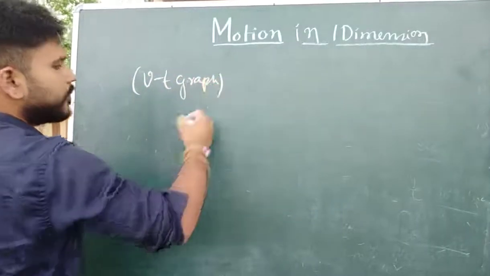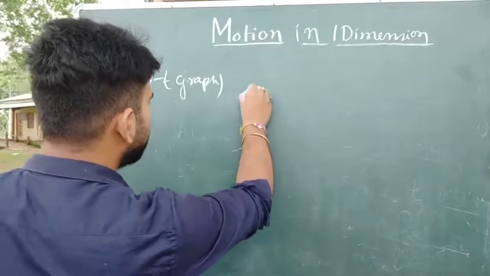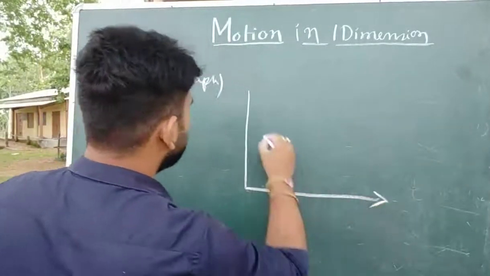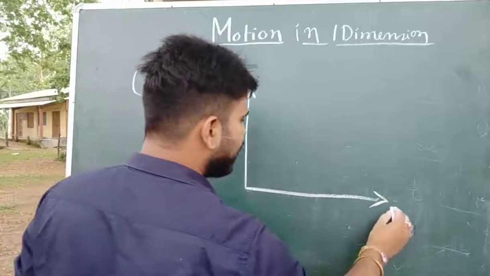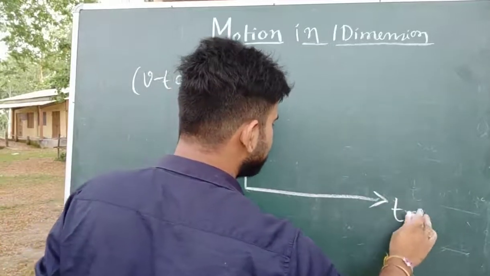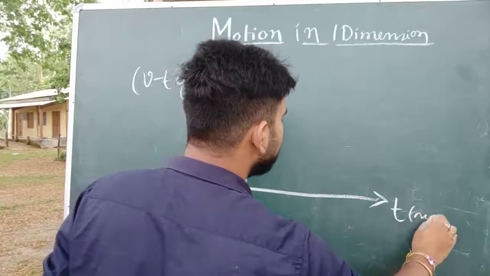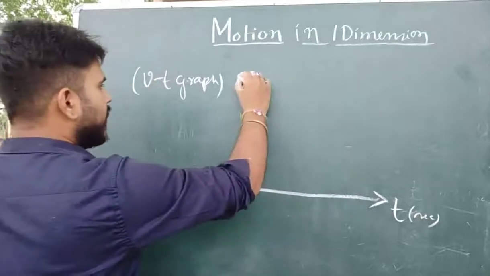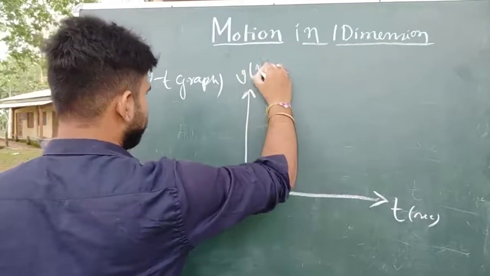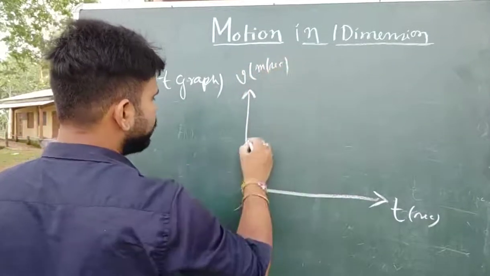Now I draw some velocity versus time graphs. Along the x-axis I draw the time axis measured in second, and along the y-axis I draw velocity measured in meter per second.